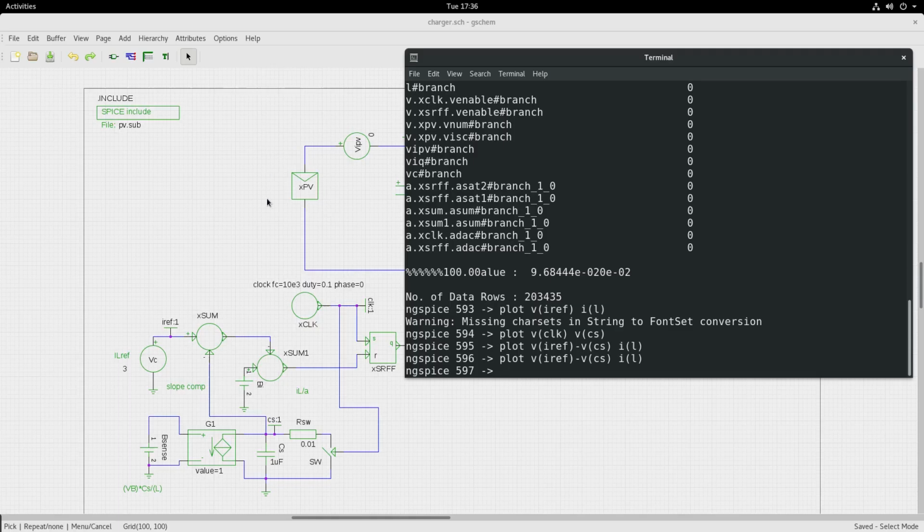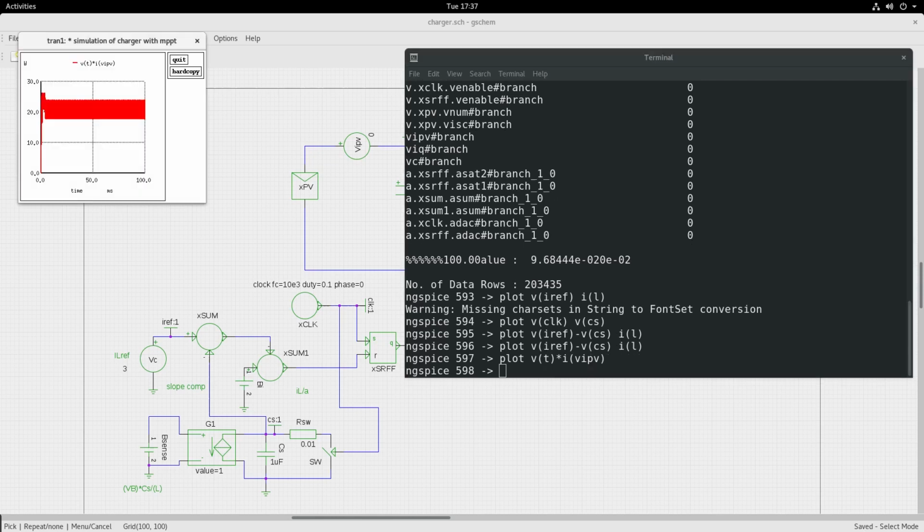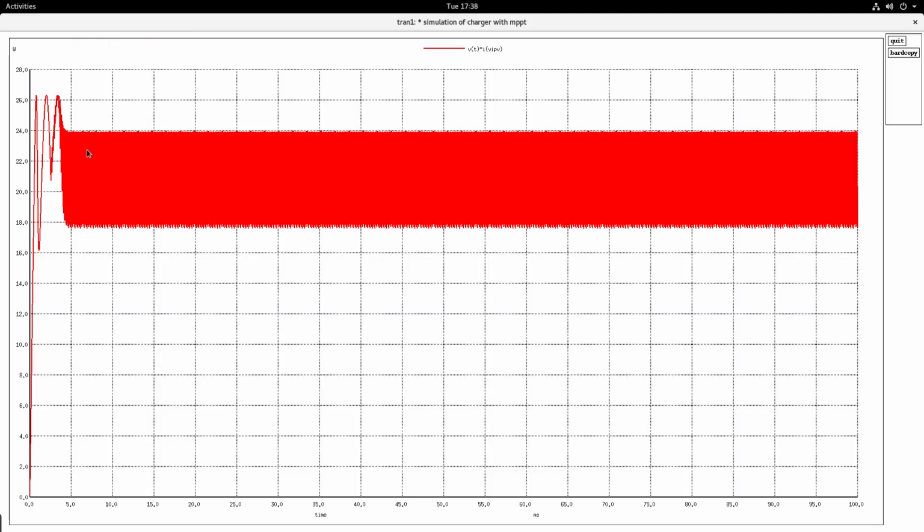Now let us see the voltage across the PV panel and the current through the PV panel, and just check how much power is being transferred to the load to charge the battery and the load. If we check the power drawn from the PV panel, see that it is hovering at around 24, close to the peak power operating point.